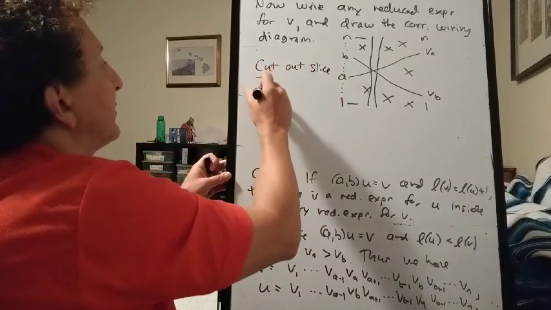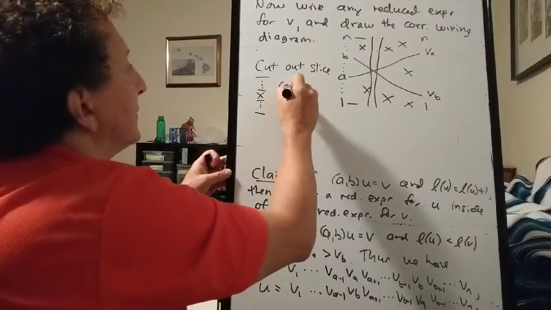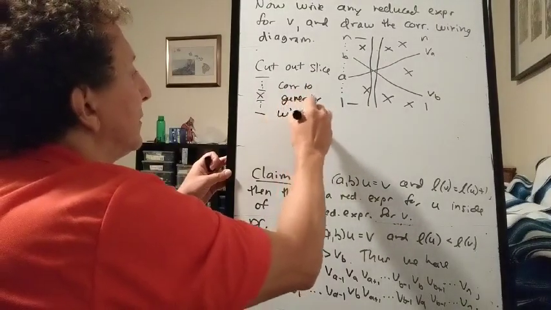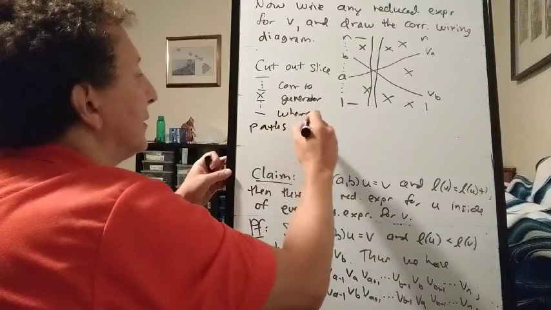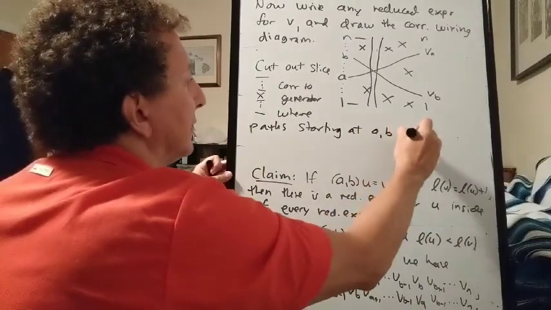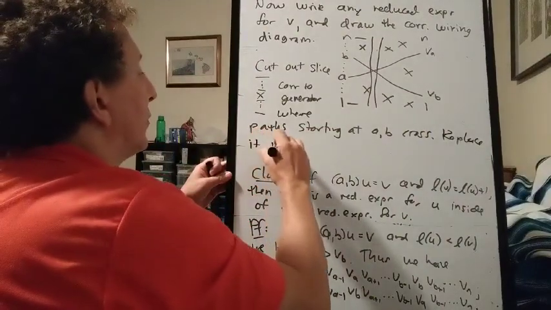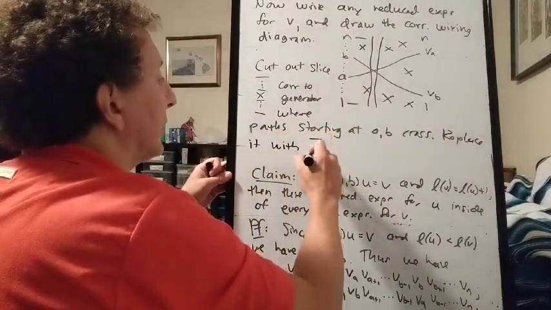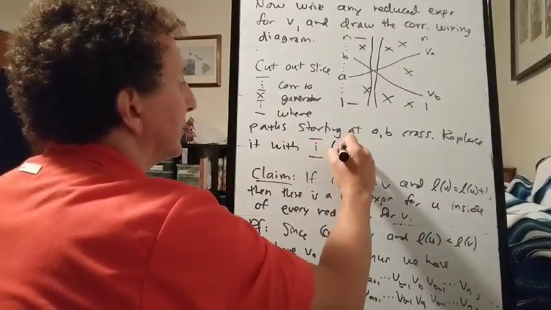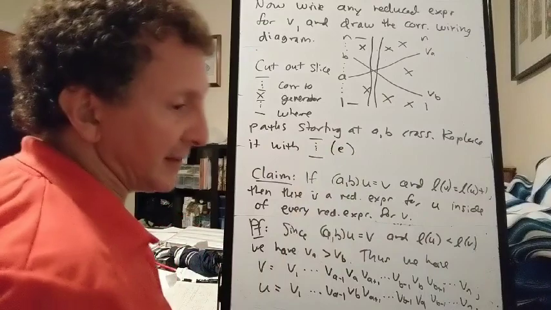So we'll cut out the slice corresponding to one generator, where the paths starting at A and B cross, and replace it with just all horizontal lines. So that's like replacing the generator in the reduced expression with the identity element.